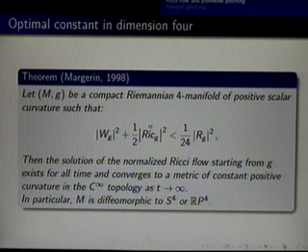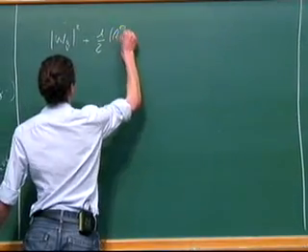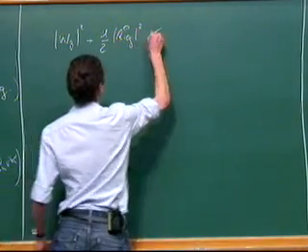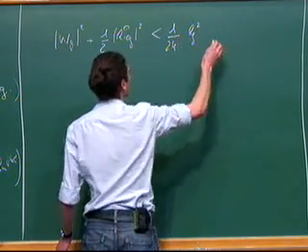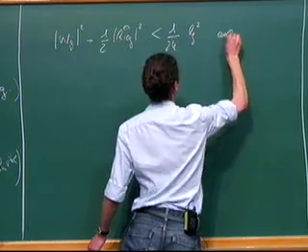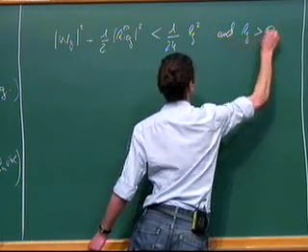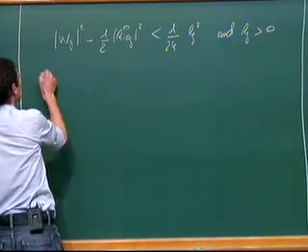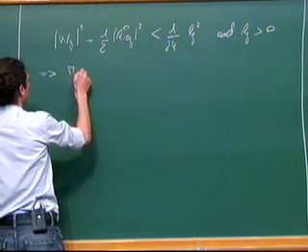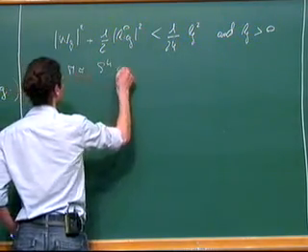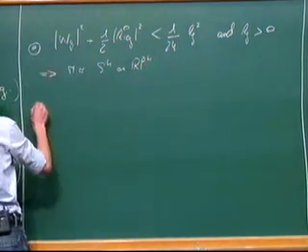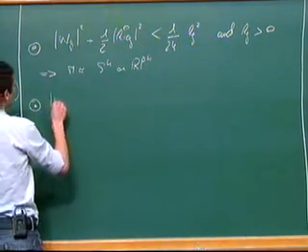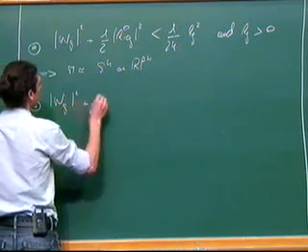So Margerin said that if you have this condition and positive scalar curvature, then M is diffeomorphic to S4 or RP4. And he also said that the equality case is completely solved.